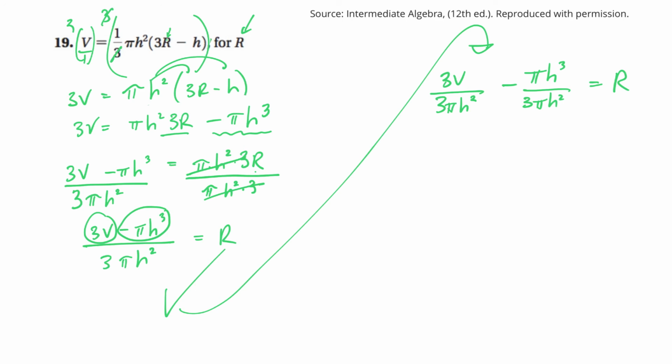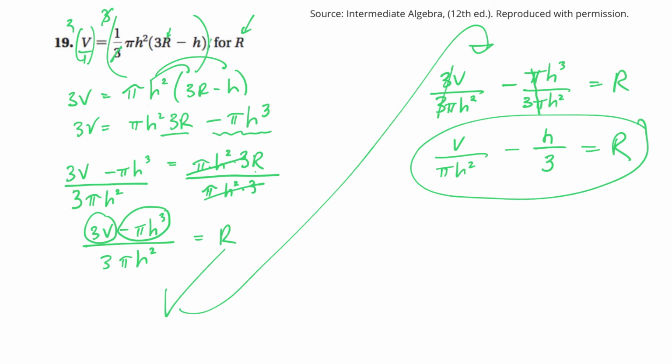So I just split those two terms up. And then on the first term, the 3's cancel, leaving me with v over pi h squared. And on the next one, pi's cancel. And then I've got 3 h's on top and 2 on the bottom. So I'd be left with 1 h on the top, and I'd just be left with a 3 on the bottom is equal to r.